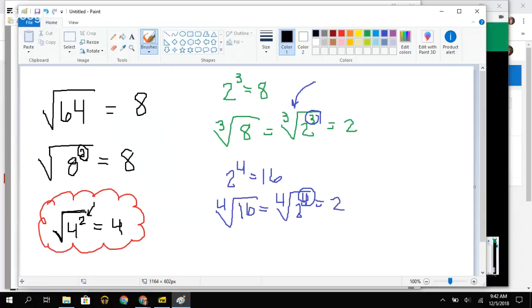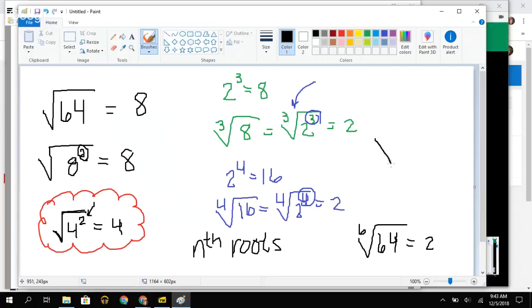So section 6.1 is called taking the nth roots, because in theory you could take the 6th root of a number, though you don't do it very often. The 6th root of 64 would actually be 2. So what they mean by the nth root is that you can have different number roots, whatever they might be.